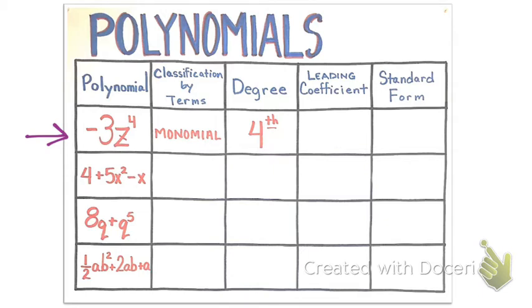When you write a polynomial in standard form, you put it in order so that the term with the largest exponent comes first, working our way down to smaller and smaller exponents in each term. So when writing a monomial in standard form, the only thing you need to do is write the monomial. And finally, the leading coefficient is the first number on the first term, or the first coefficient on the leading term. In this case, our leading coefficient is negative 3.